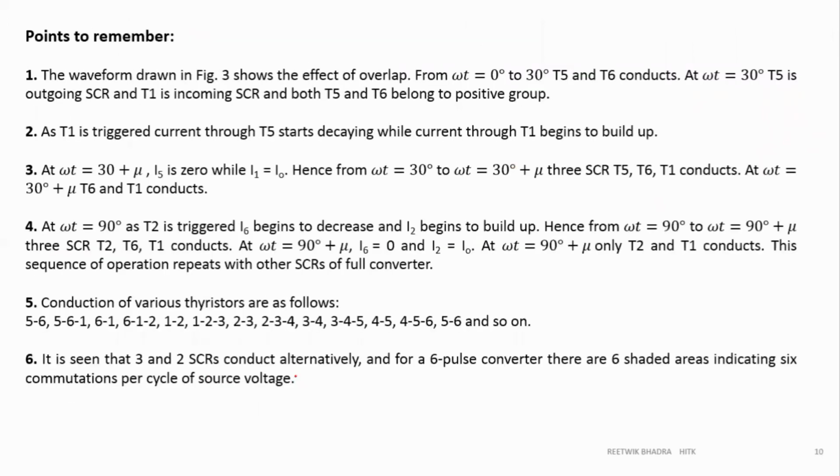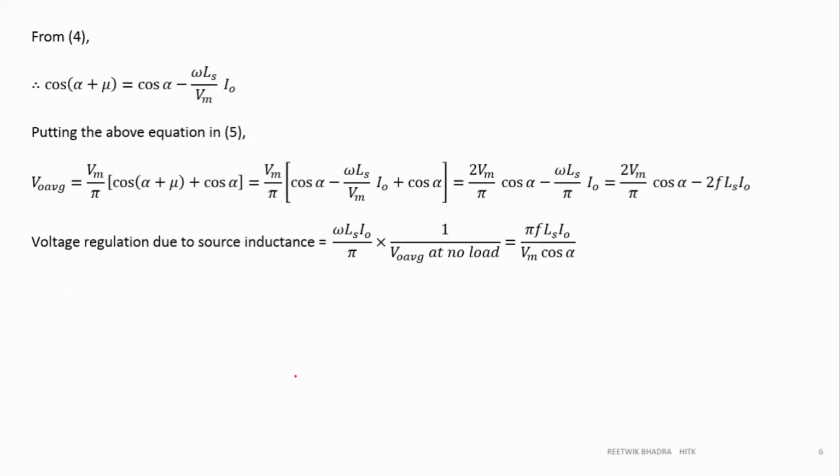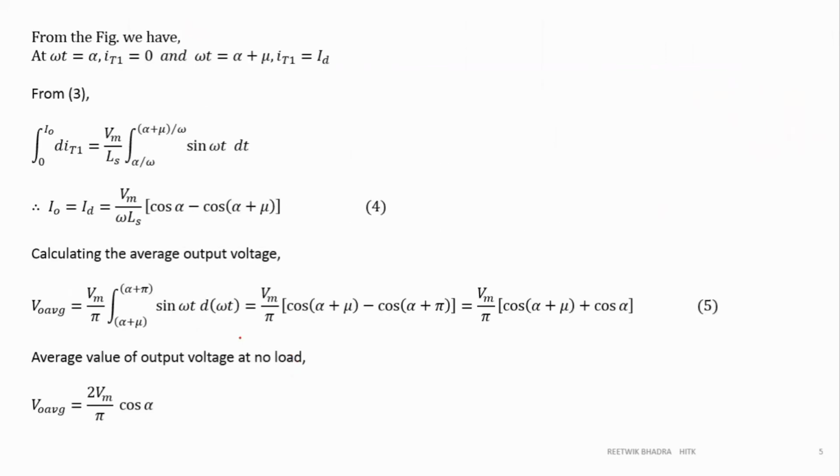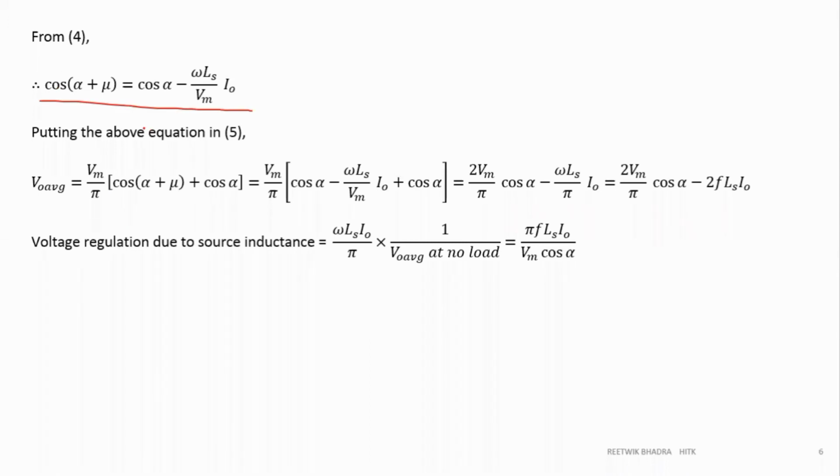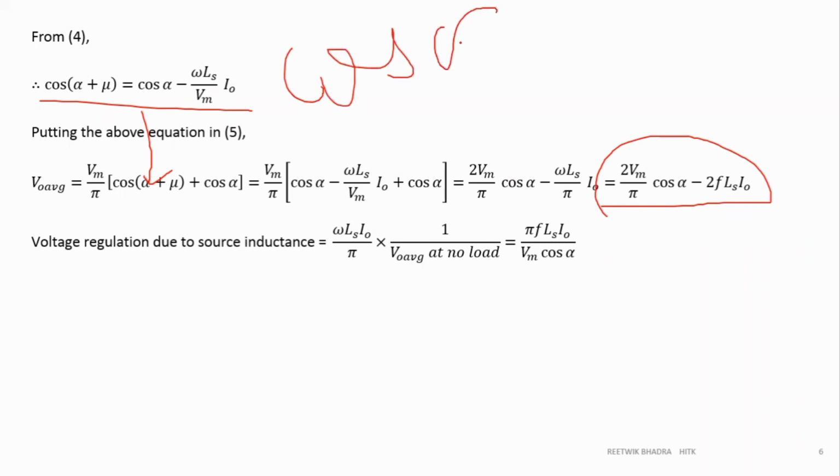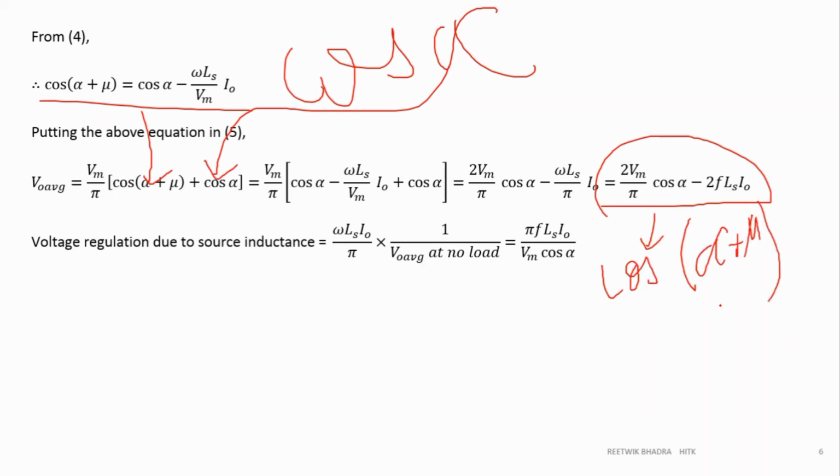Previously also I told you that I used the value of cos alpha plus mu in this equation and got it in terms of cos alpha. You could have found cos alpha and substituted in this term, so your equation would have been in terms of cos alpha plus mu, which I have not written here.